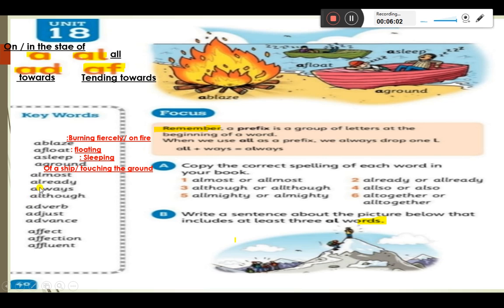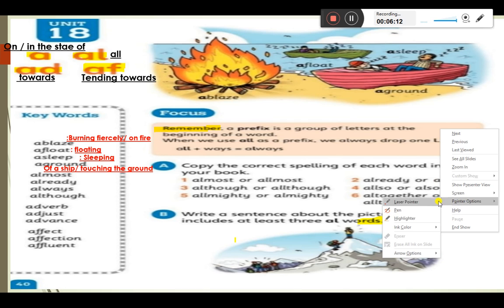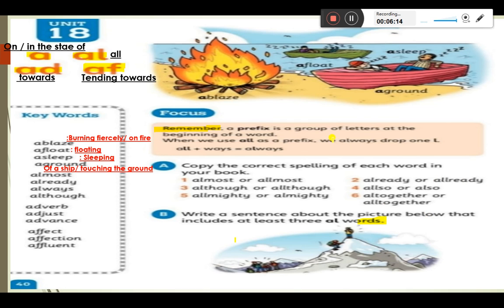We have to learn that when we use all as a prefix, we always drop one L. Let me highlight this for you. Sorry, we always drop one L. I want all of you to highlight this sentence. So whenever we use all as a prefix, we always drop one L.